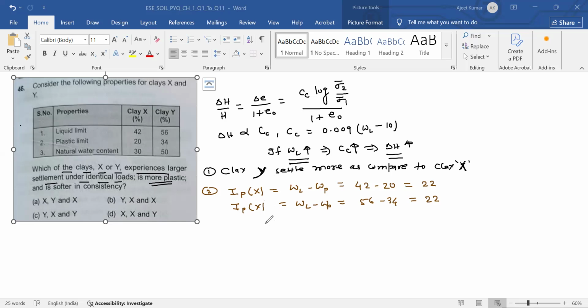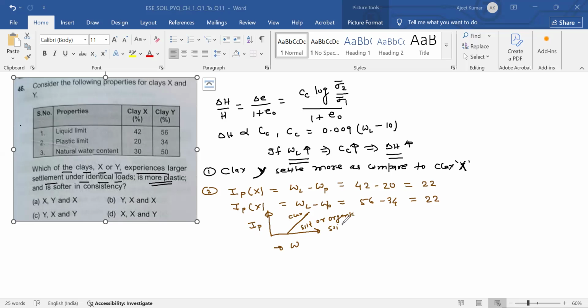So we can take the help of the plasticity chart, the A line. This is plasticity and this is water content. This is the A line. Above the A line, clay exists, and below the A line, it is silt or organic soil.